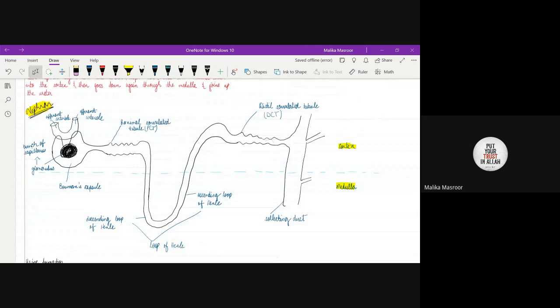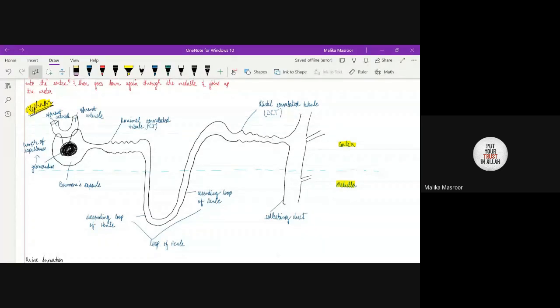Glucose is 100% reabsorbed, because you don't have traces of glucose in a normal person's urine. Then, like I told you, only 1% of the filtrate is released as urine from the body. From each point, a little percentage of your filtrate is reabsorbed back. We'll discuss this from tomorrow onwards, inshallah.